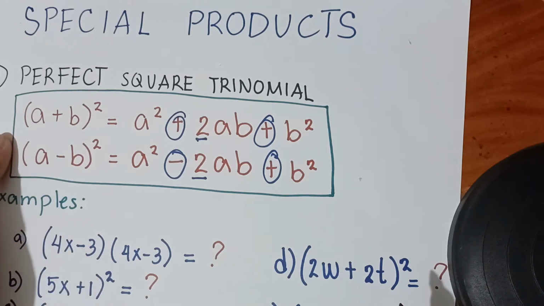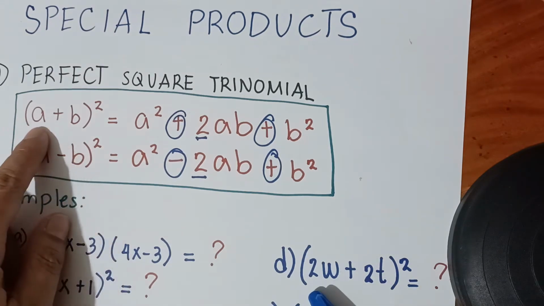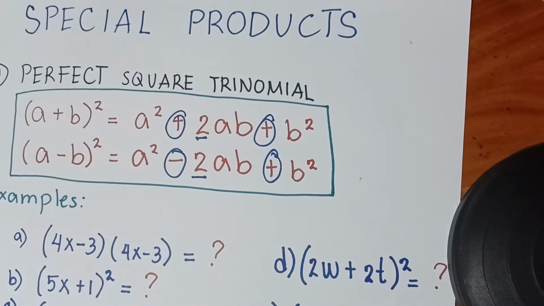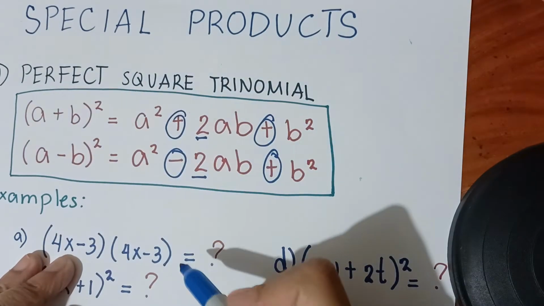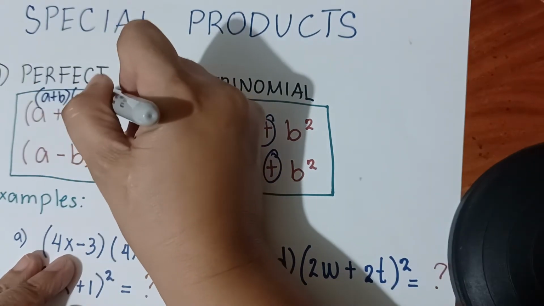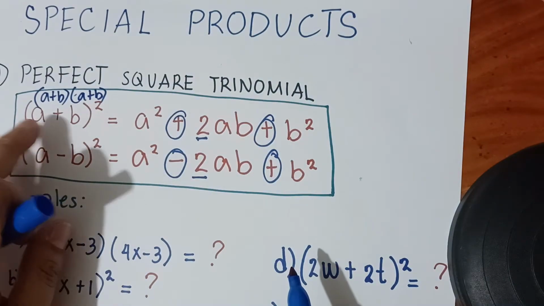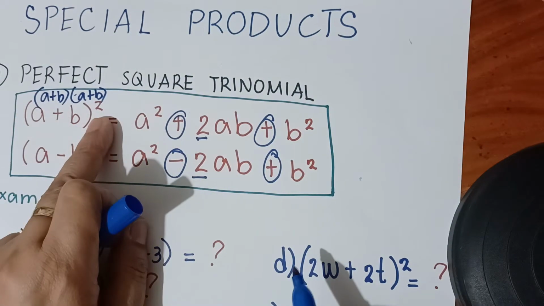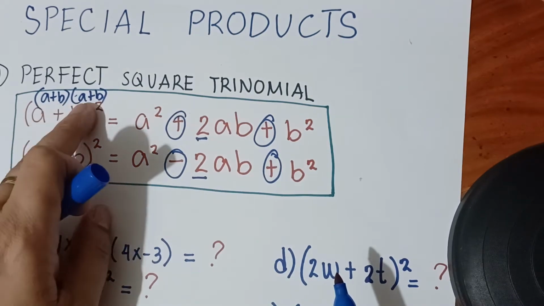So, this is the formula that you need to memorize para mas mapadali ang pagmumultiply nyo ng binomial times a binomial if the terms are the same. I repeat, terms are the same. Ibig sabihin pareho. Okay? Etong A plus B squared, eto can also be written as A plus B times A plus B. That's why it is called A plus B close and open parenthesis squared, because you are multiplying A plus B to itself.